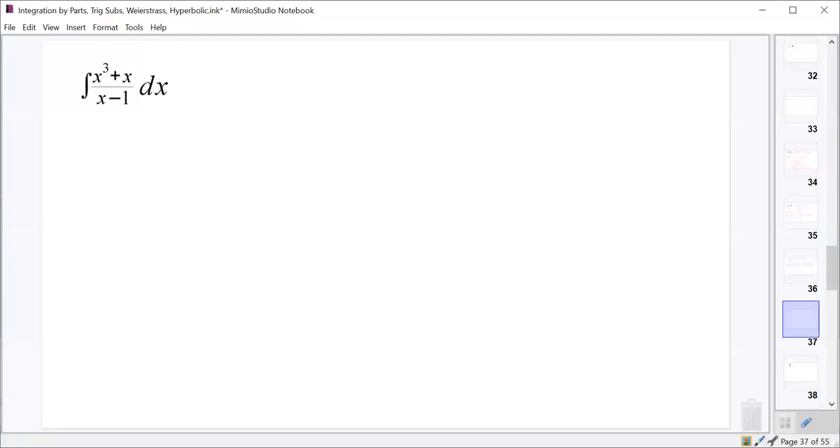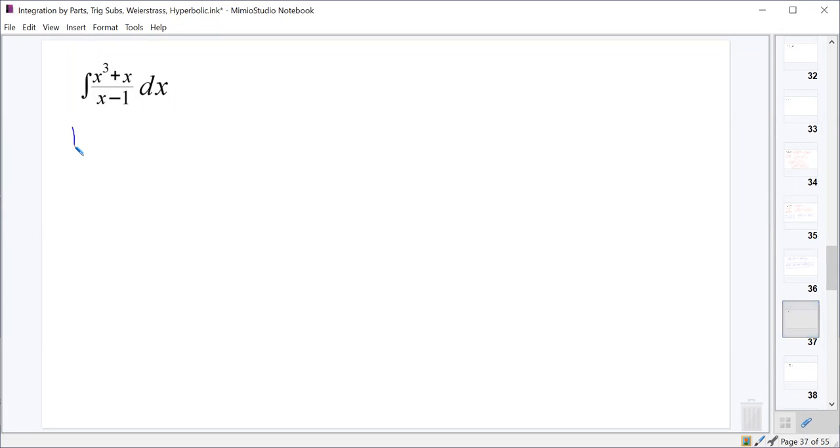And this rational function, the degree of the numerator is greater than the degree of the denominator. So unless you see a real simple U substitution to use, what should we do first? We should divide them. How do we divide x cubed plus x by x minus 1?